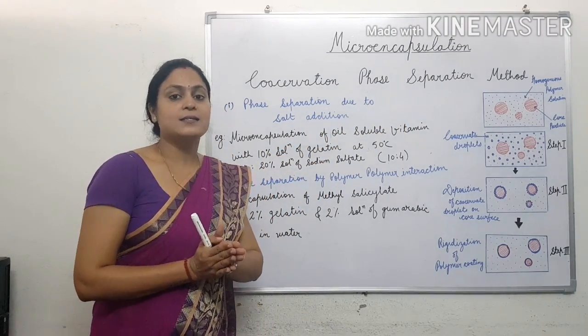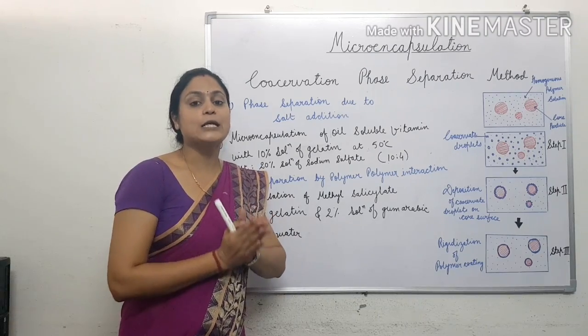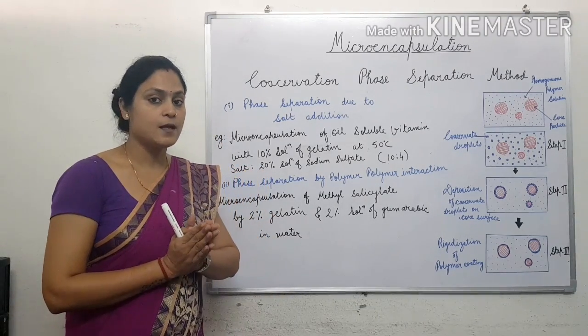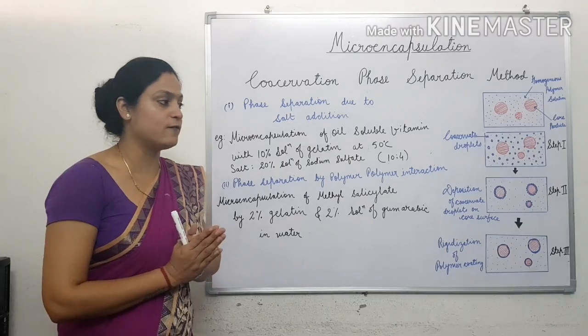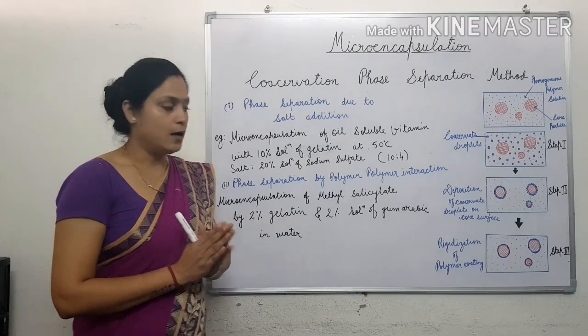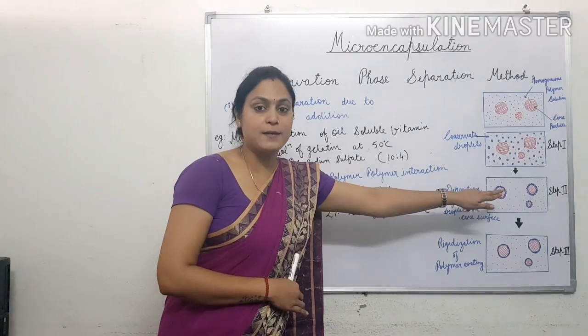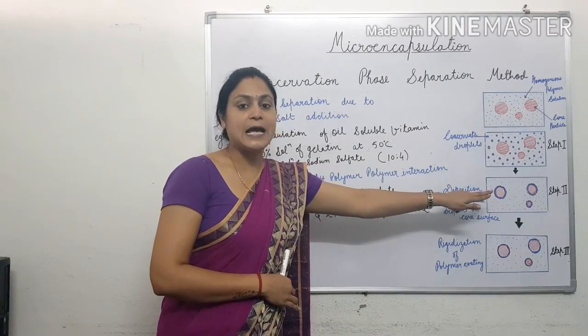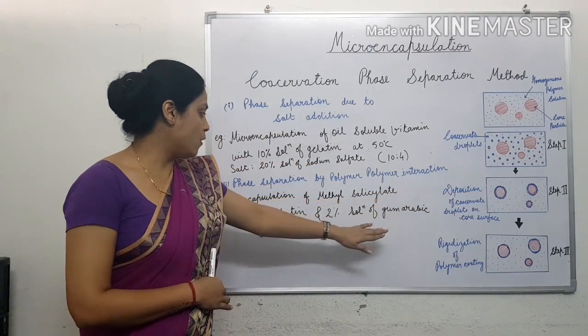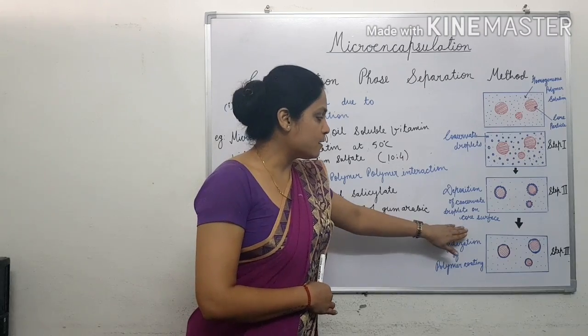It starts forming coacervates which are deposited over the oil globule, that is the vitamin globule, which is present as the dispersed phase.